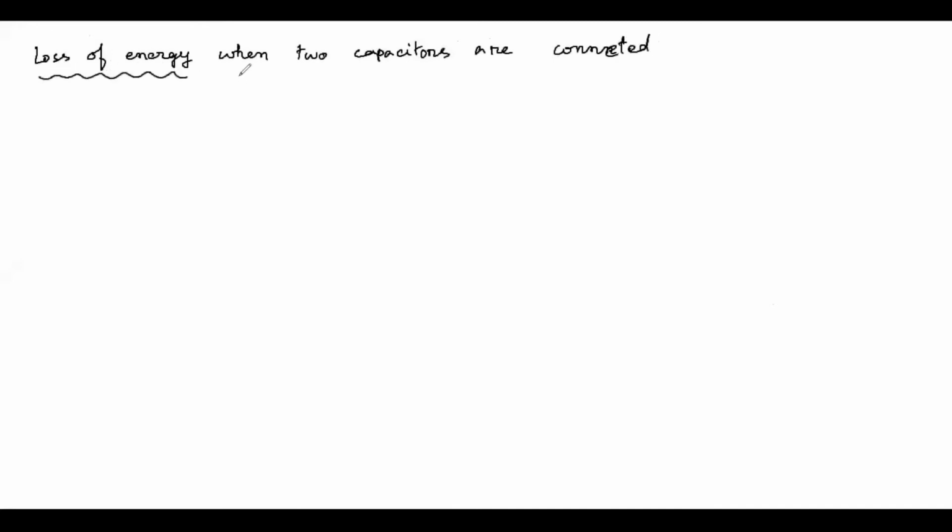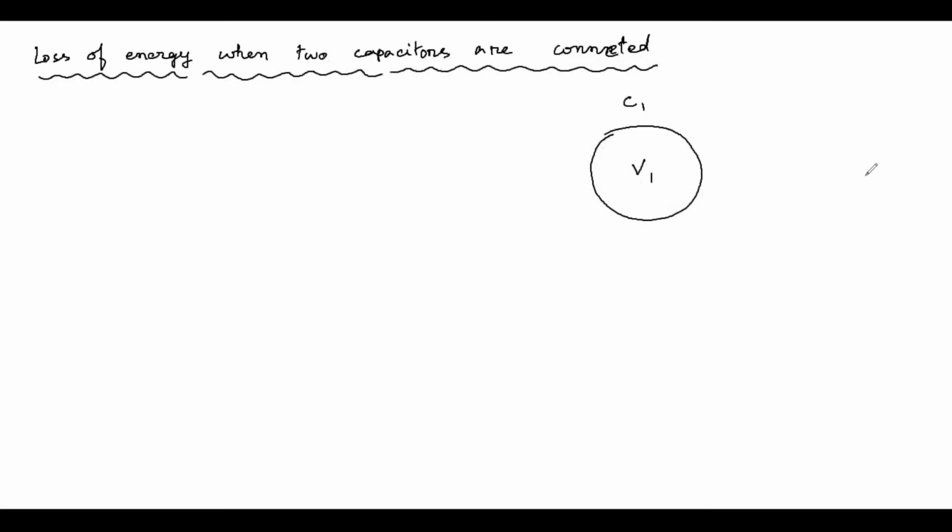Let's say that this is one capacitor, and let's say the capacitance of this capacitor is C1, and it has potential V1.